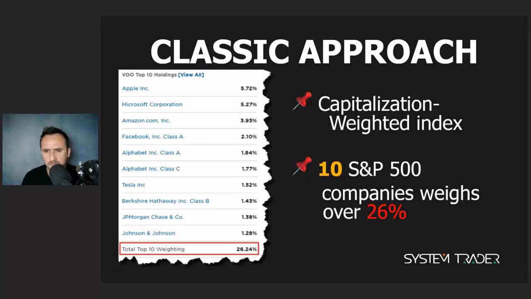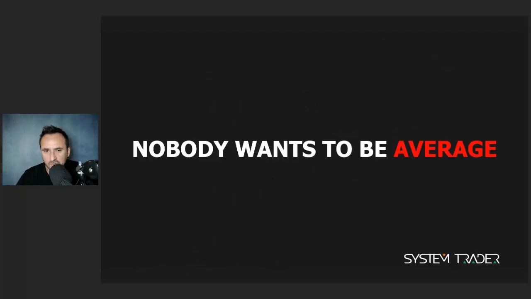So it doesn't mean that if you buy the S&P 500 you have 500 companies equally distributed in that index. In fact, as you can see, 26% of that index is based on the 10 biggest companies. And that's not always the best approach.